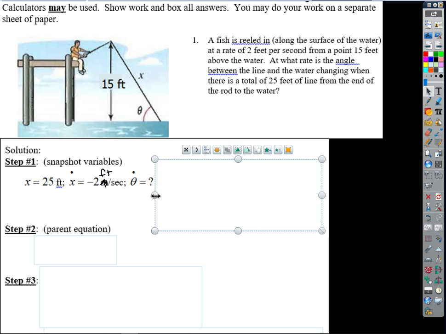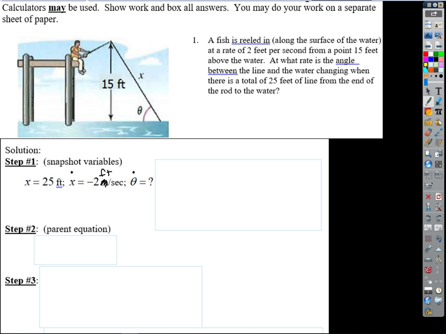Okay, so we need a parent equation then, right? What's the parent equation? There's several that we could use, and I do want to talk about this for a second. Because we've got a right triangle situation, we could use tangent.